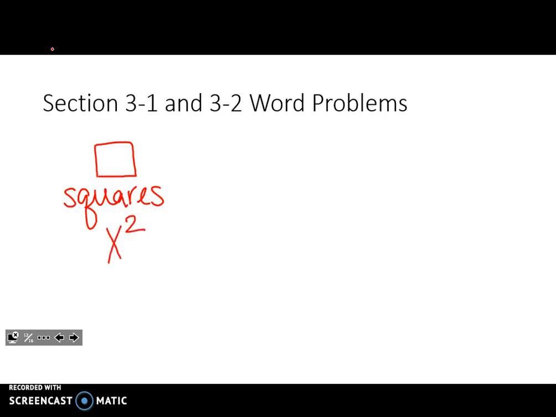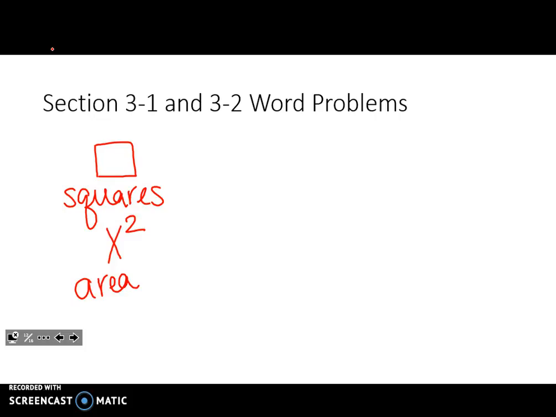If we are talking about squares, it will be an x raised to the second power math problem. They will also be talking about area. So in the word problem, they will give you the area, and we're going to use that to set up our equation.